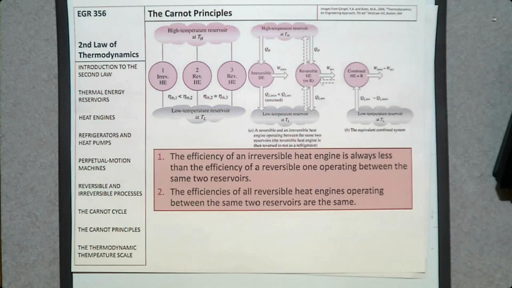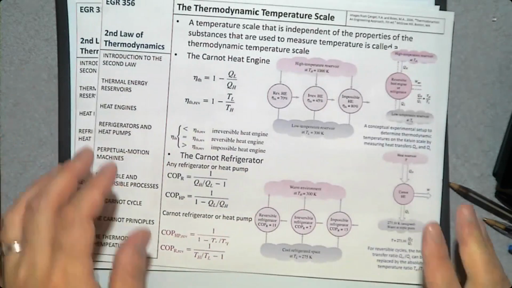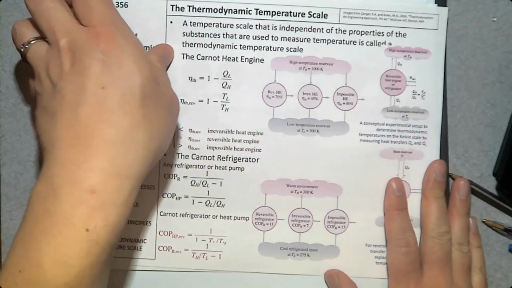And the efficiencies of all reversible heat engines operating between the same two thermodynamic reservoirs are the same. And let's study how to determine the efficiency of the Carnot cycle. It's actually pretty simple.